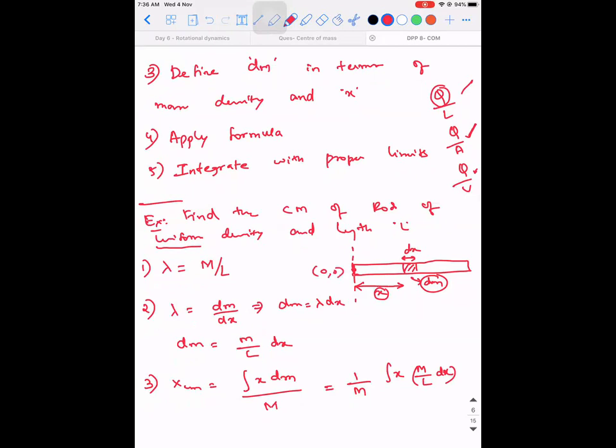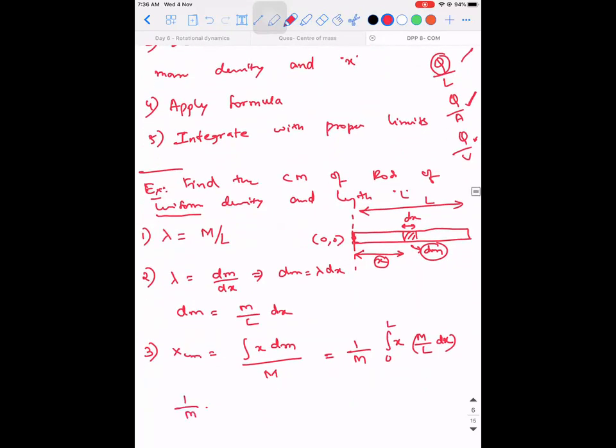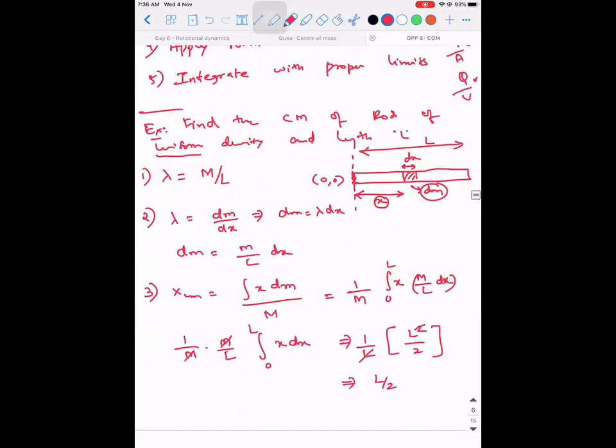If this point is taken as 0, the total length of the rod is L, so integrate from 0 to L. So 1 by m into m divided by L into integral of x dx between 0 to L. m and m get cancelled. It is 1 by L into integral of x dx, which is x square by 2. Substituting the limits, it becomes L square by 2. L and L get cancelled. The answer would be L by 2. Got it?